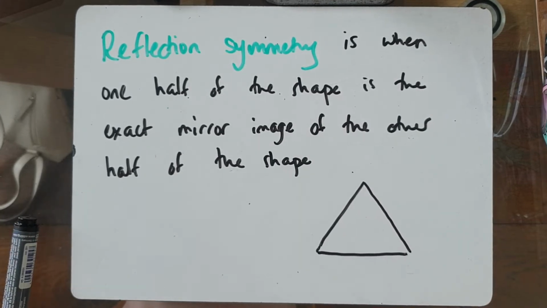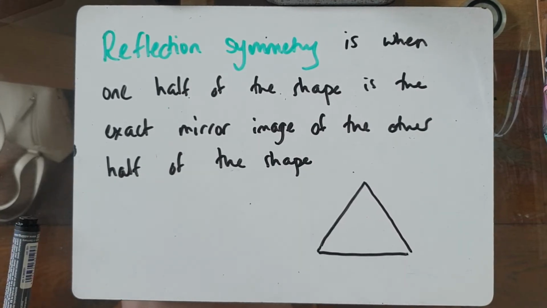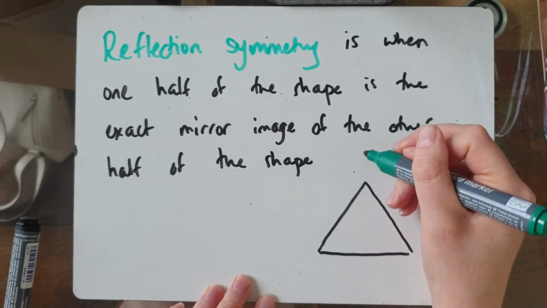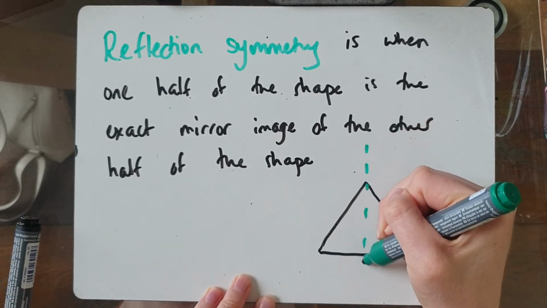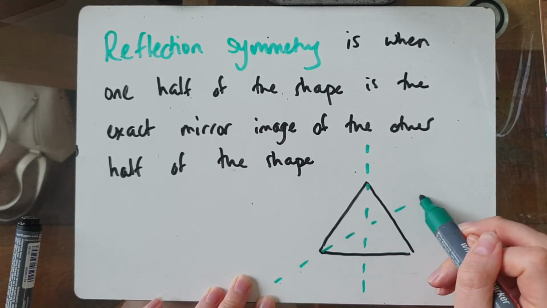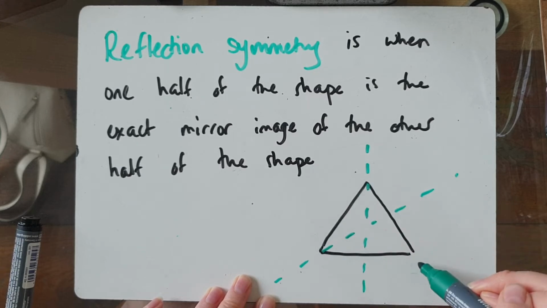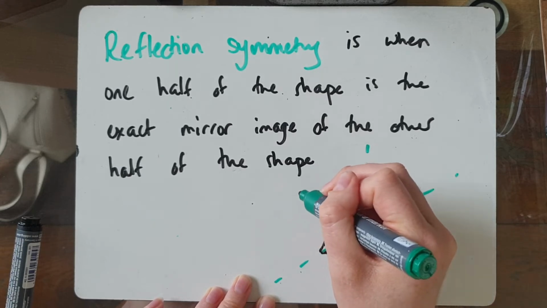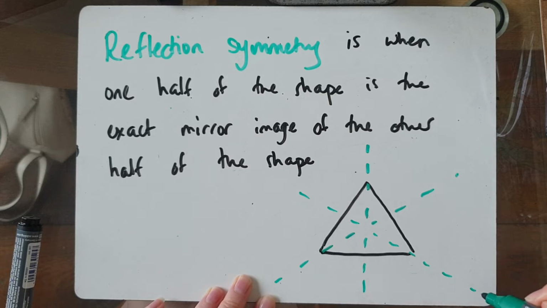So as an example, if we had an equilateral triangle, we'd have a line of symmetry here, because this half would be the same as this half. We'd have a line of symmetry here, because this half would be the same as this half. And it would have a line of symmetry here.